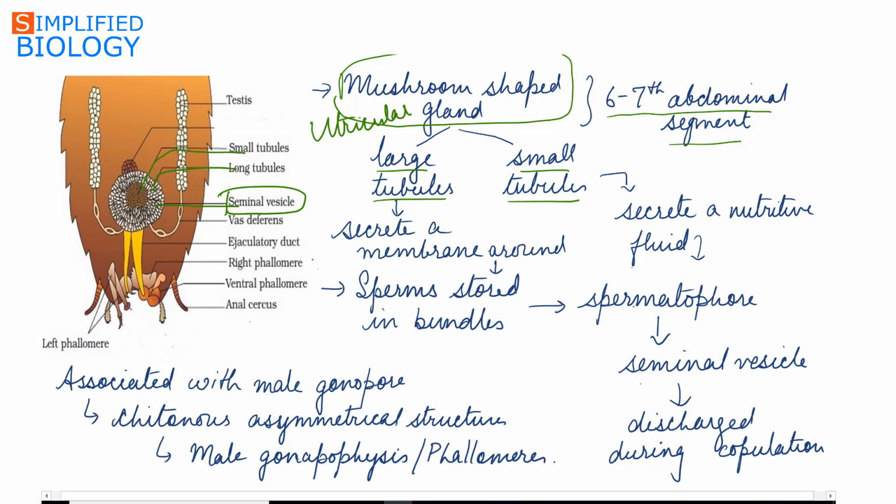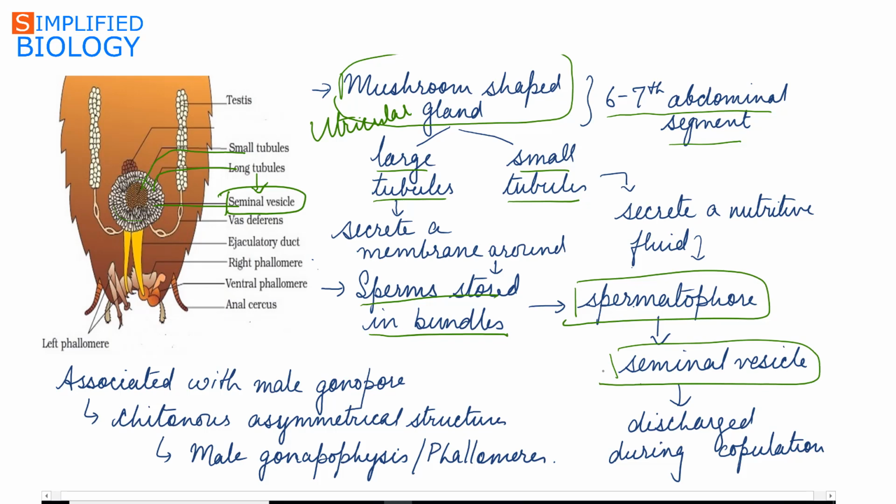The outer ones are the larger ones and the inner ones are the smaller ones, and they are associated with the seminal vesicles. Sperms are stored in bundles. The sperms are glued together to form spermatophore that lies inside the seminal vesicle and are discharged during copulation.